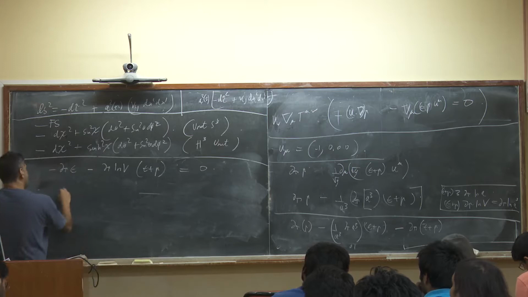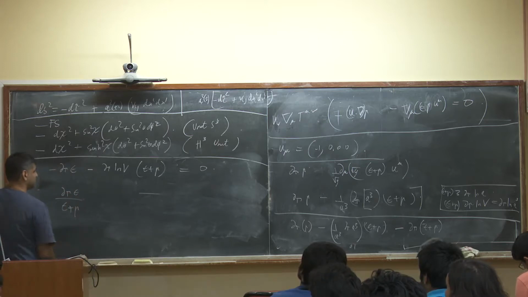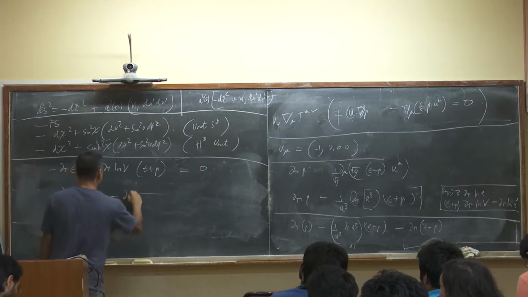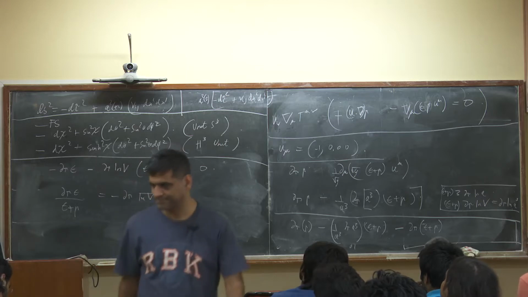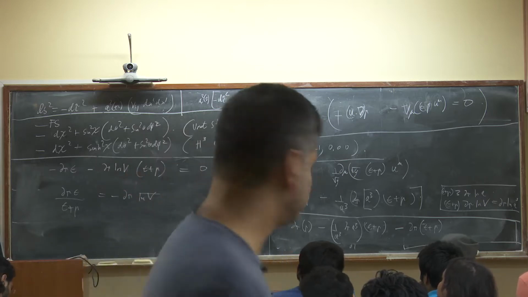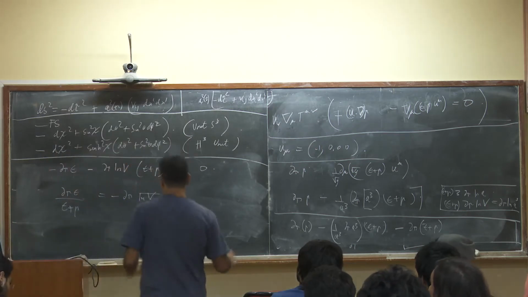Okay, and therefore we have del tau E divided by epsilon plus P is equal to minus del tau log V. Or if you want, log a cube; V may be unnecessarily confusing.